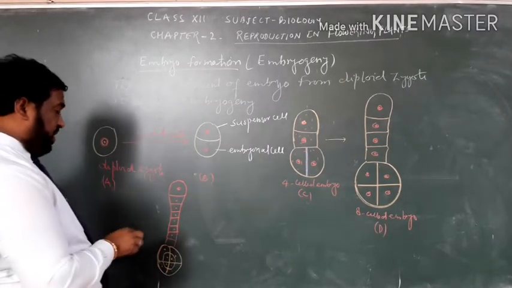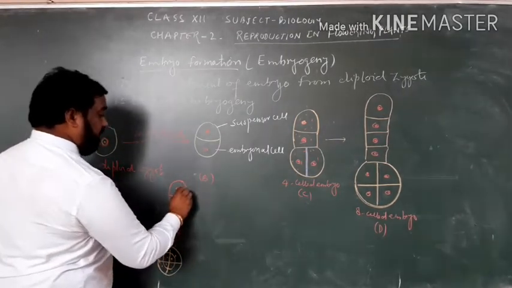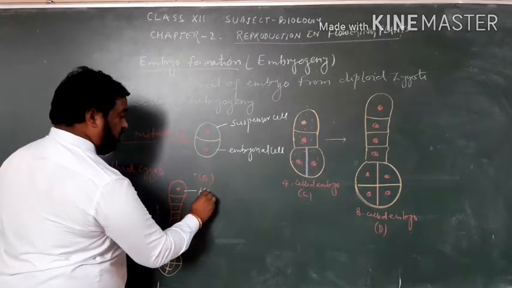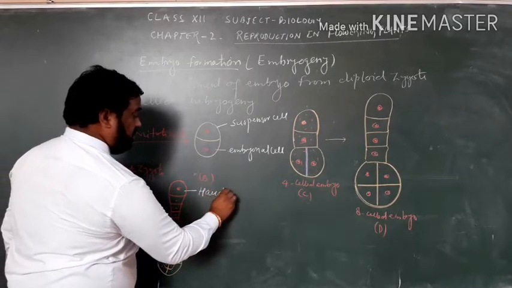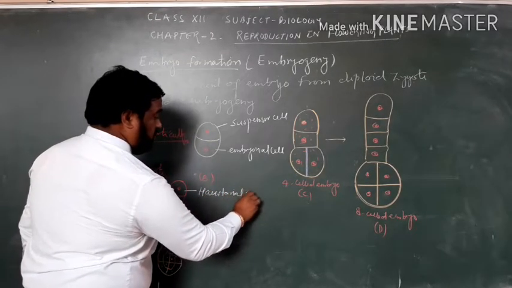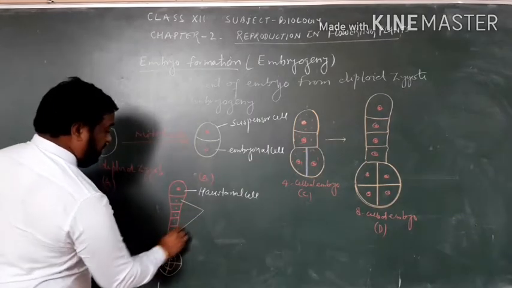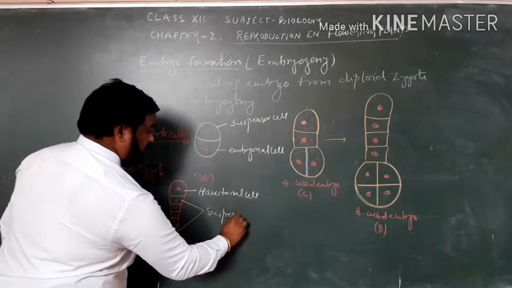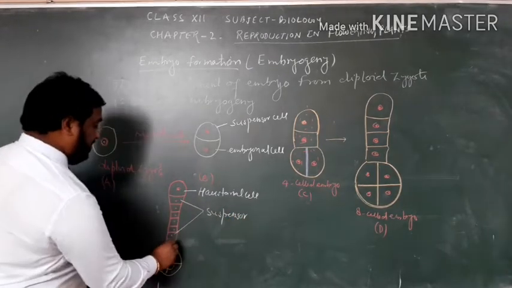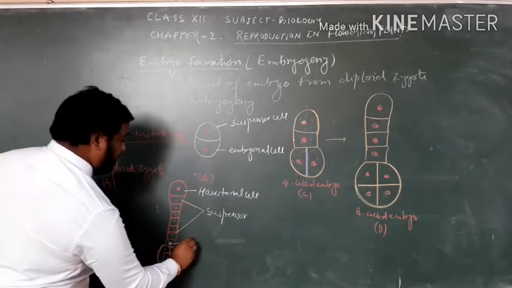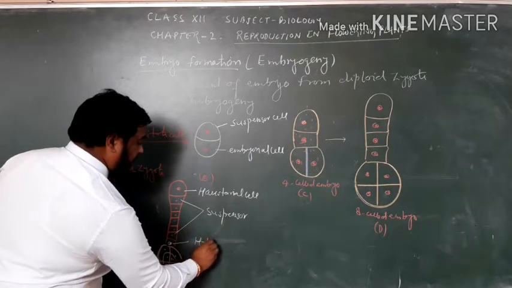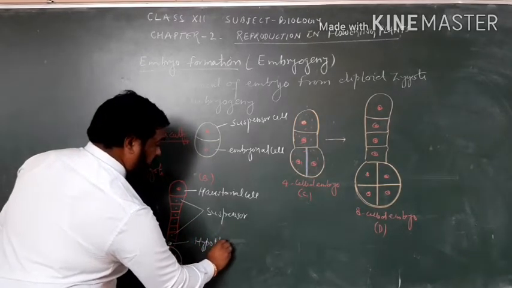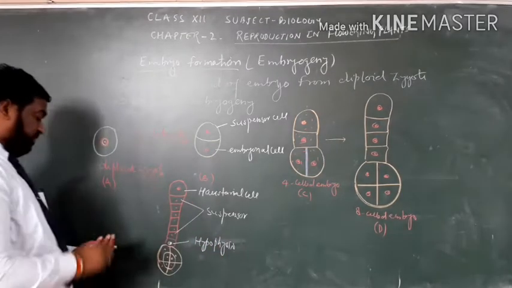So here, student, this upper cell is known as the posterior cell. This is the suspensor, and its lower cell is the hypophysis.